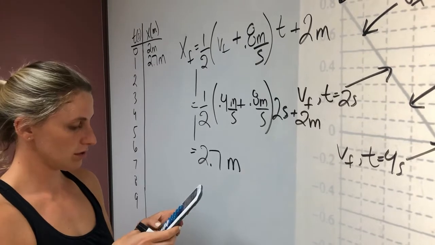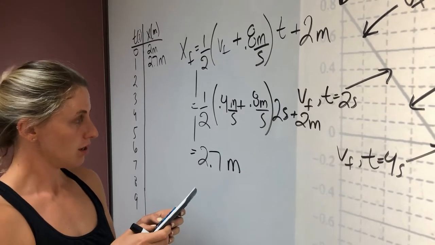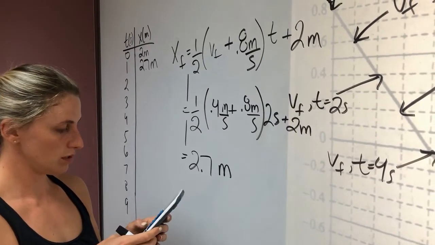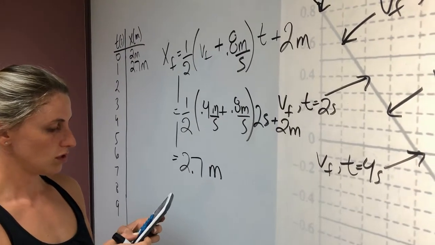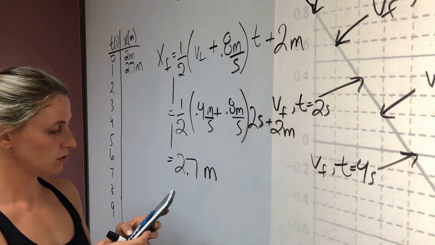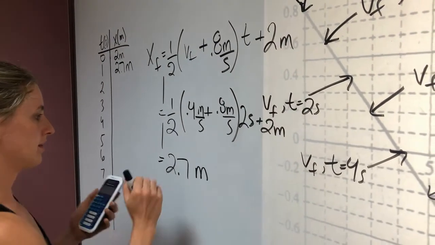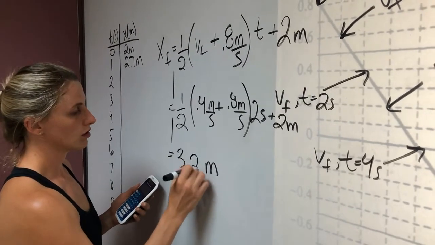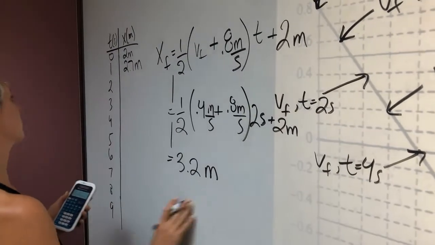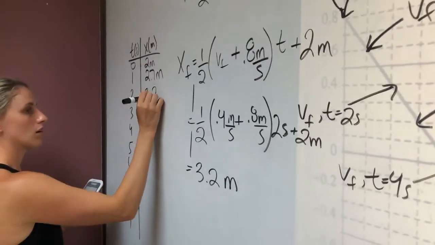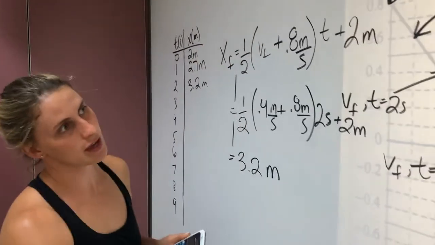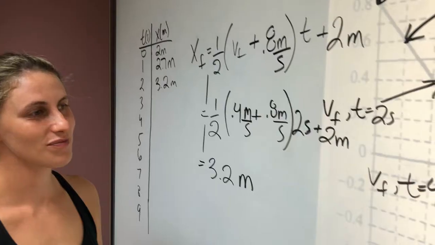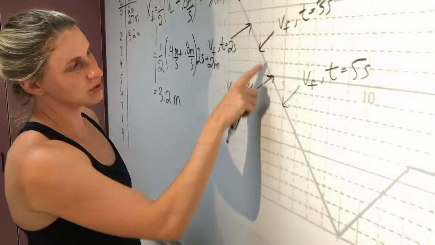I'm going to start over here, 0.4 plus 0.8 times 2 plus 2. Boom. And this time I get 3.2 meters. So I'm going to take that answer, put it up here. And you're going to do the same thing all the way through t equals 9 seconds. So now you guys do the rest of these.